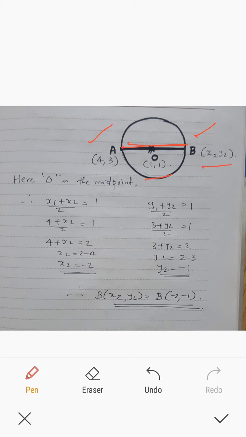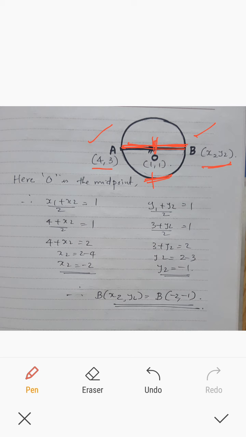What's the relation between diameter and center? The center of a circle is the midpoint of the diameter. That means this is x1, y1, x2, y2 and O is the midpoint.